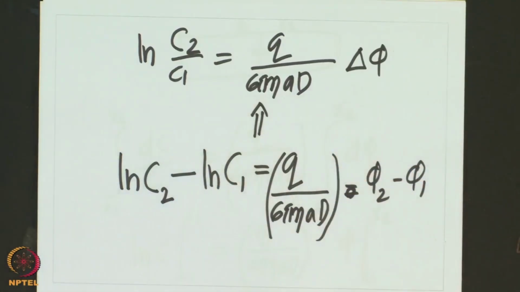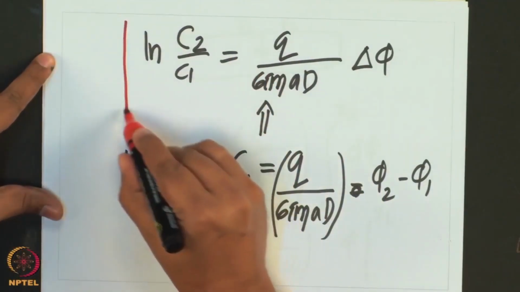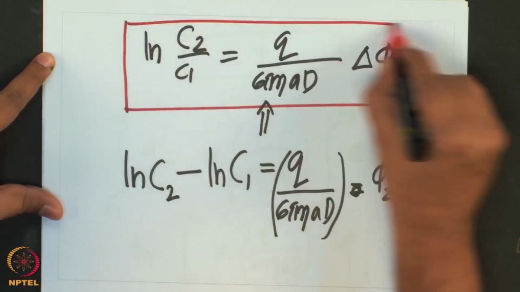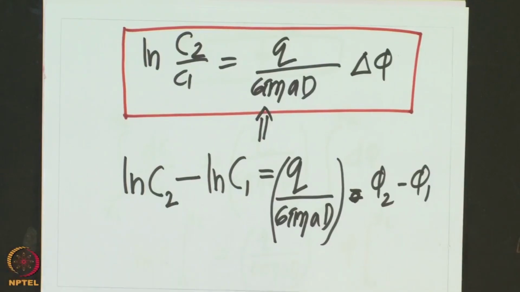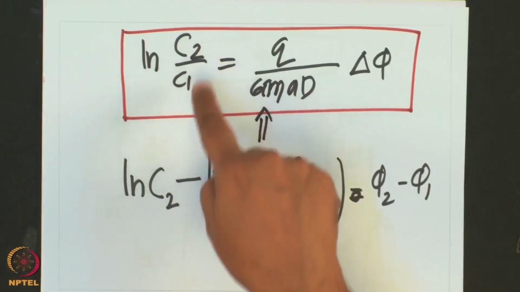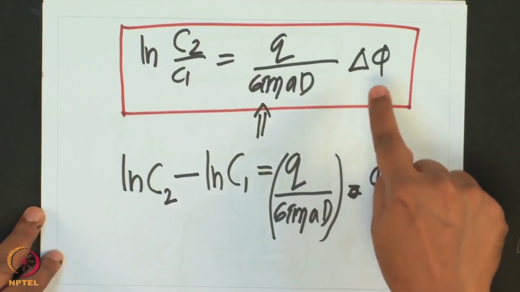This is called the Nernst equation, and we can rewrite it in the way we would typically see it. This is the relation between the concentration on either side and delta phi, the potential difference.